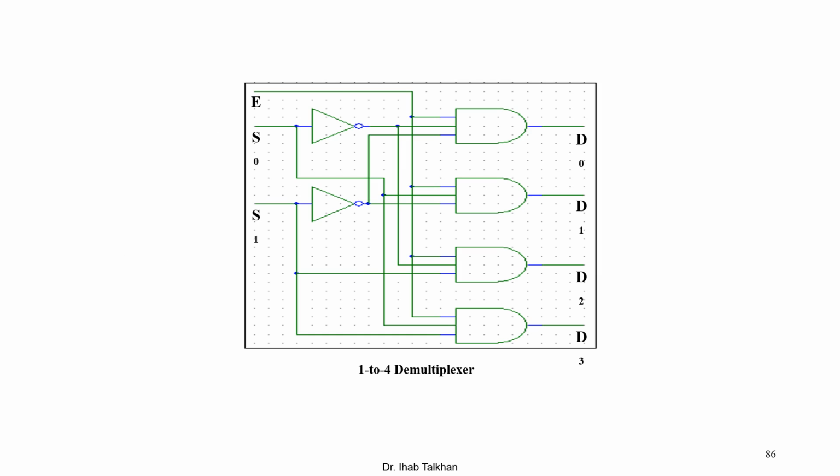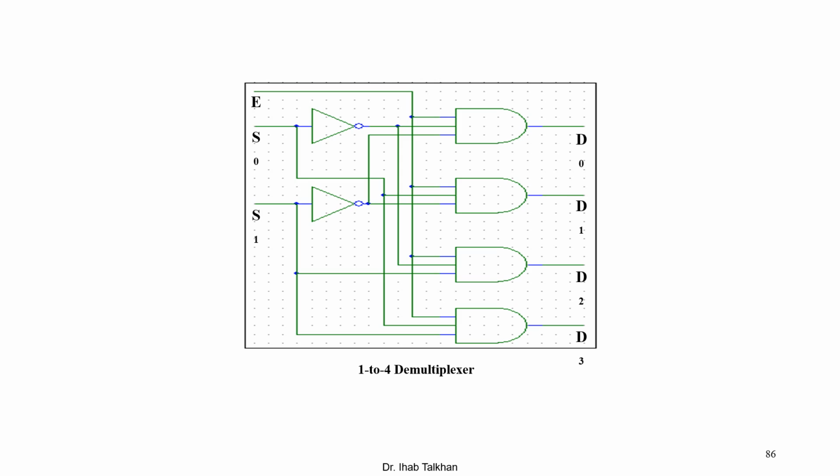This slide shows you the demultiplexer, a 1 to 4 demultiplexer. As you can see, you have E as an input that goes to all the AND gates, and you have S0 and S1 as the usual selection lines going into all the AND gates, as S0 bar S1 bar, 0 0, 0 1, 1 0, 1 1. We have four outputs, D0, D1, D2, D3.